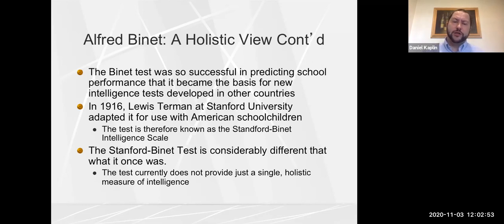And there was a researcher by the name of Louis Terman who was interested in gifted individuals and the long-term outcomes of gifted individuals. So he was looking for a test to study long-term outcomes in intelligence. So what did he do? He took Alfred Binet's test, modified it, reformulated it in a way that it could be useful for American school children. And then the test became known as the Stanford Binet test.